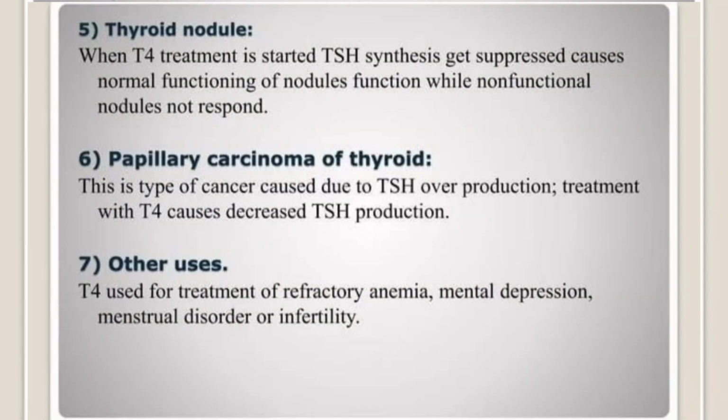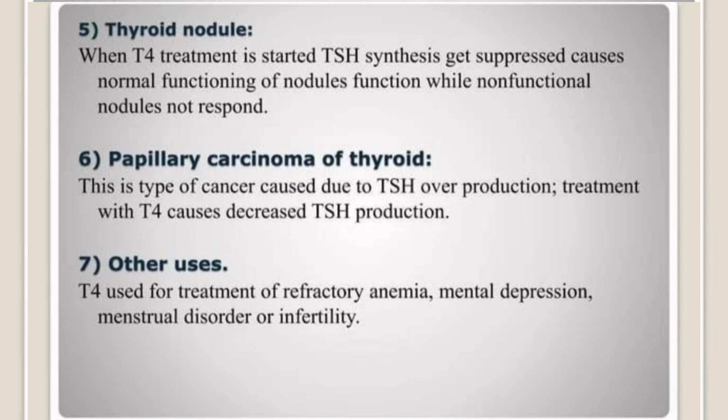When T4 treatment is started, thyroid stimulating hormone synthesis gets suppressed, that causes normal functioning of the nodule while non-functional nodules do not respond. Papillary carcinoma of thyroid. This type of cancer is caused due to thyroid stimulating hormone overproduction, and treatment with T4 causes decreased TSH production.